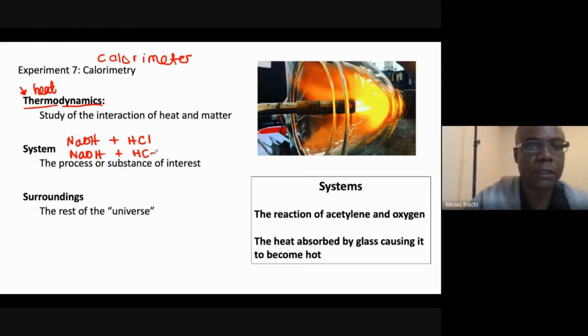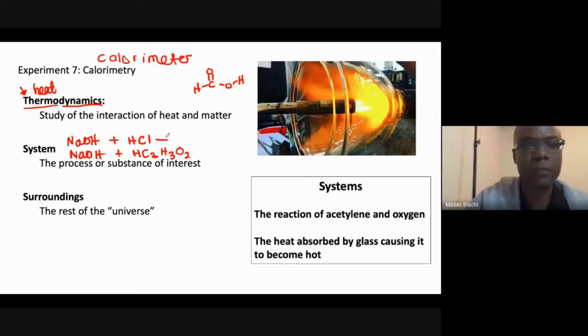The formula for acetic acid, which is the active ingredient in vinegar, is HC2H3O2. That's acetic acid. This is the Lewis structure of acetic acid. So it's a carboxylic acid, an organic acid. It's a weak acid compared to HCl.